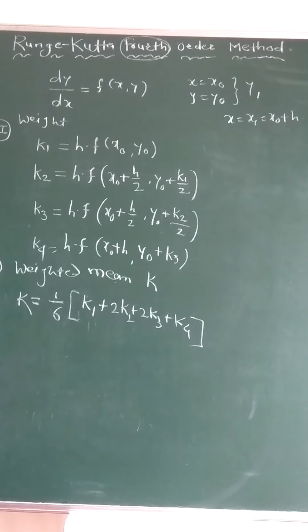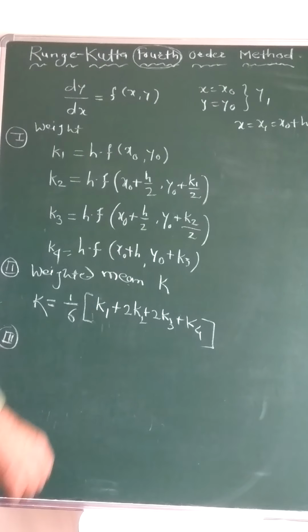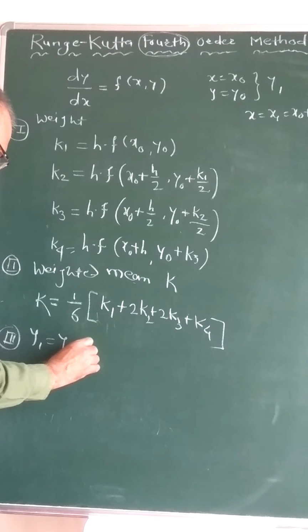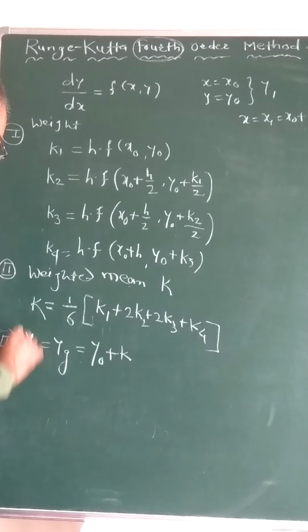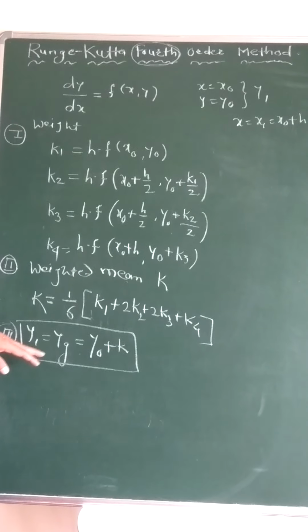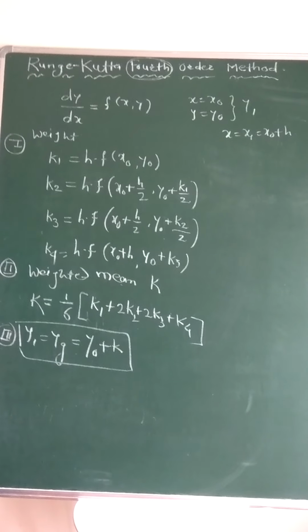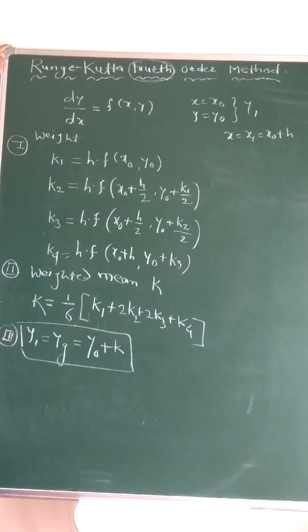Now last step is to find the value of y1. Now y1 is equal to y0 plus this weighted mean. Therefore y1 is calculated as y0 plus k. This is applicable for first iteration.